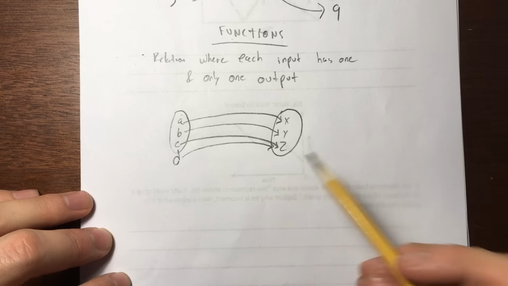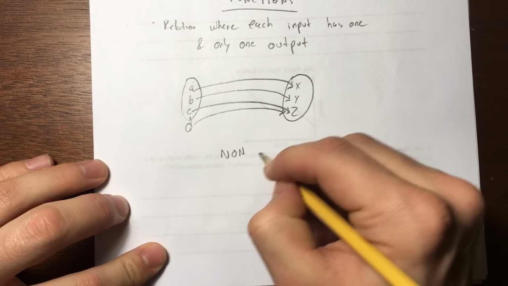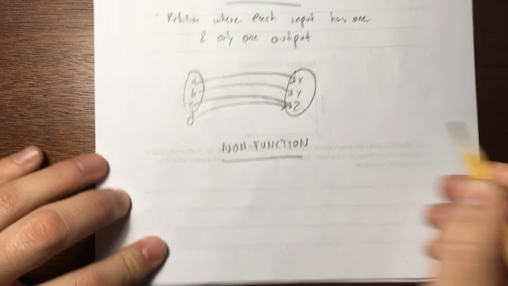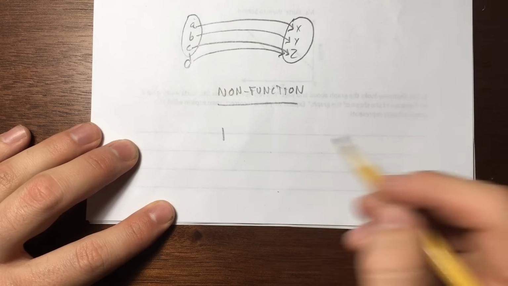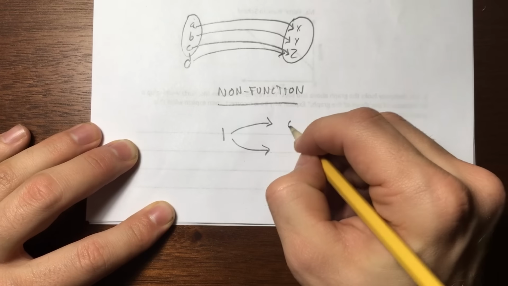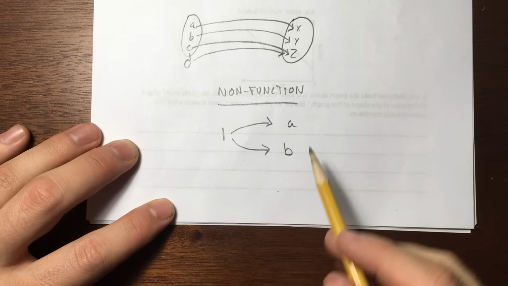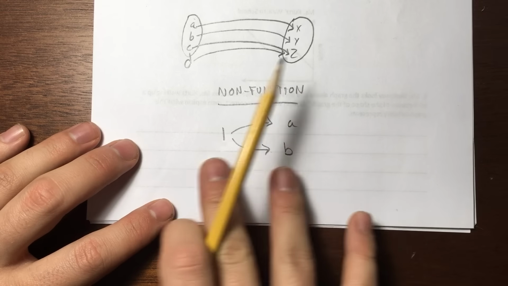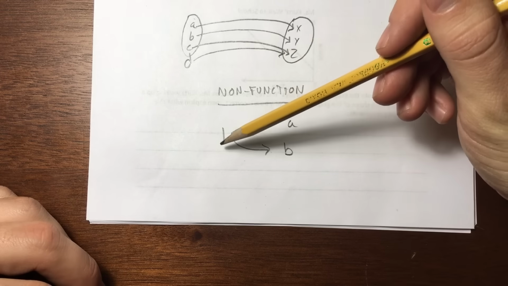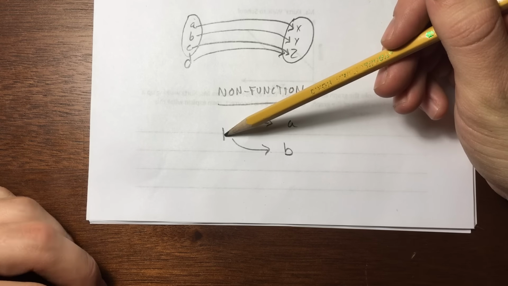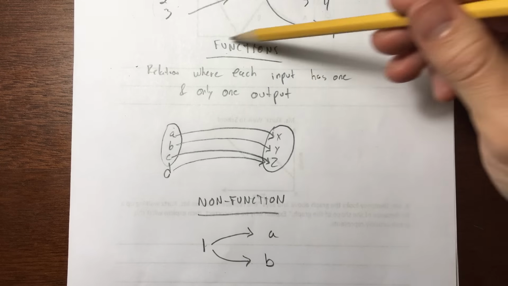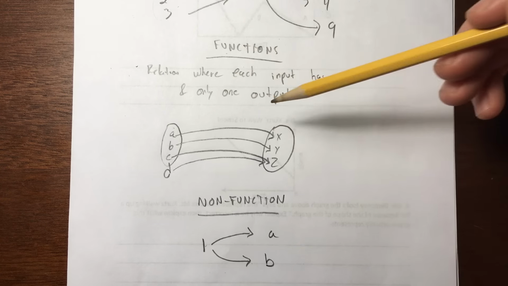This is still a function because this input value is still going to only one output value. What would make something a non-function is if we had this input value 1 and sometimes it went to A and sometimes it went to B. Regardless of what these are, letters or numbers, this is not a function because this input value 1 has two different outputs, and that contradicts this function definition.